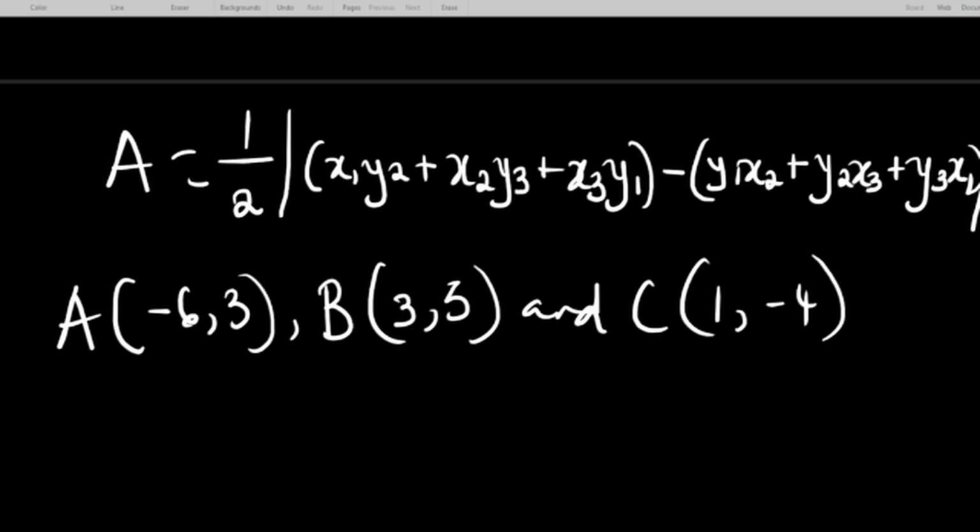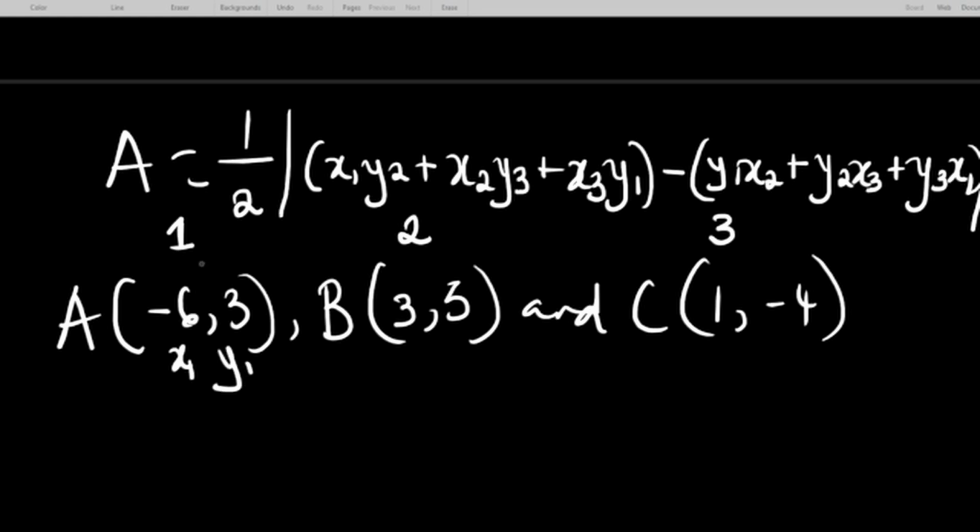Now let's define them. Here is how you are going to do them on your paper. This one is our first one, so it can be written as point 1. These are point 2, and these are point 3. Here you have x1. The first value inside this bracket is the x coordinate, so you can say x sub 1, while the second one is your y coordinate, so you now have y sub 1.